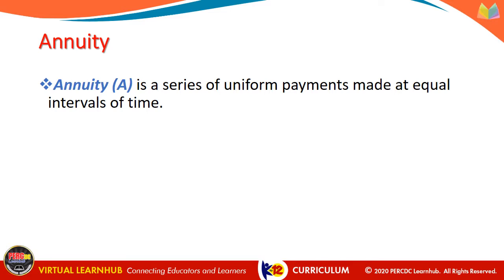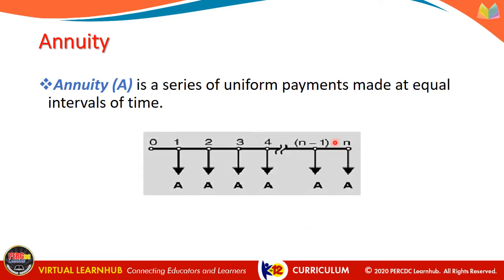Annuity. An annuity, A, is a series of uniform payments made at equal intervals of time. We have here a cash flow diagram representing annuities where A represents the fixed amount of money made at regular intervals. This A can be 1,000 pesos, for example.